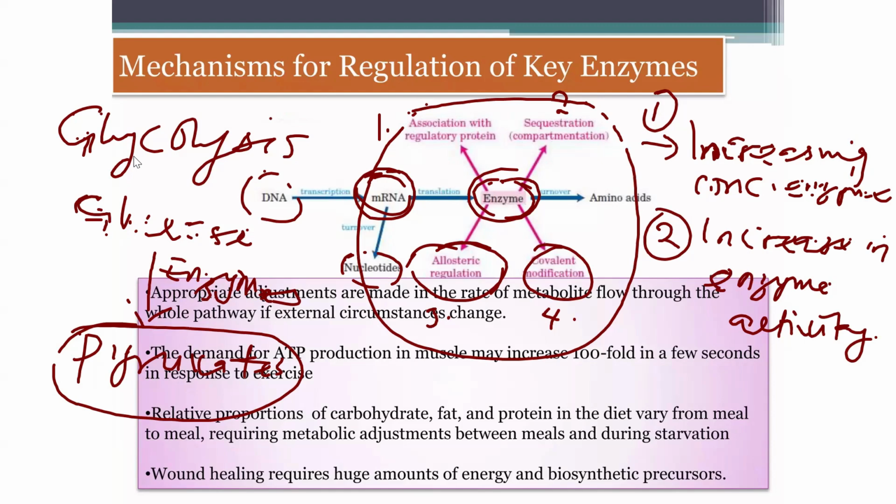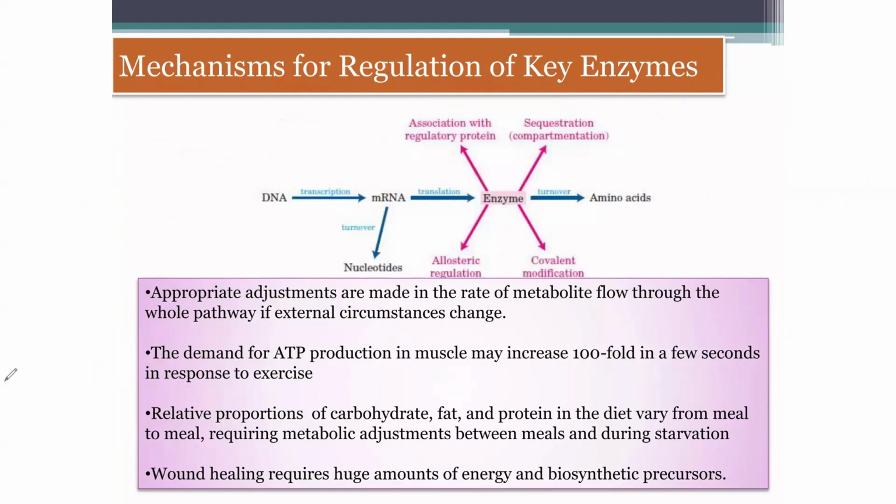And how do you increase enzyme activity? Through these four processes: association with regulatory protein, allosteric regulation, covalent modification, and sequestration. So these are the four ways that you can use to increase the activity of enzymes. Okay? And all these things depend on the body's demand. It depends on what is needed. It depends on what your body needs.